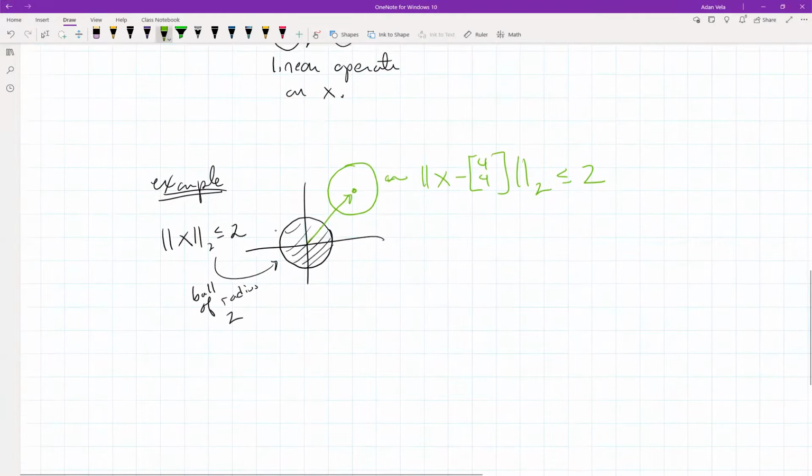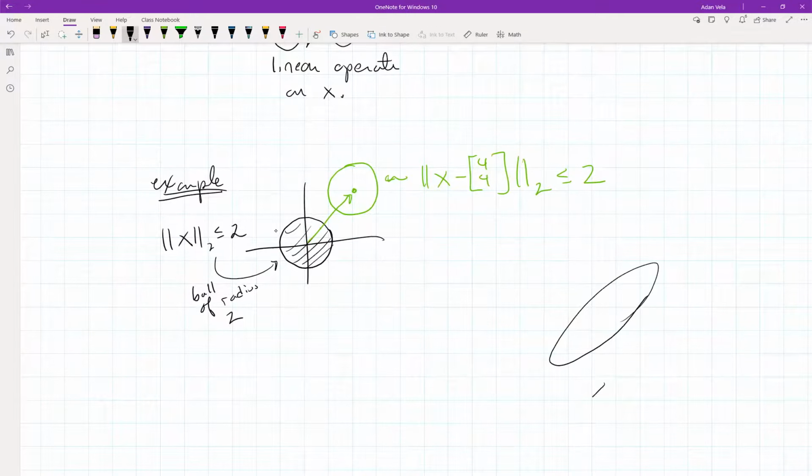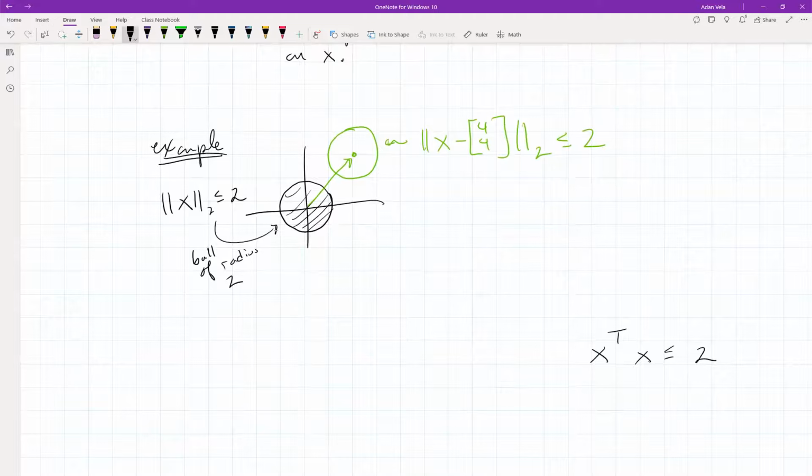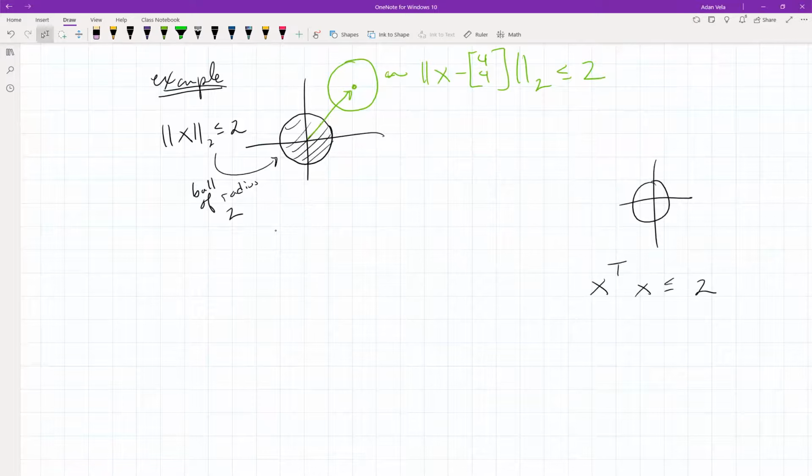And in fact, that's what allows us to make ellipsoids. Okay, so before, we might have had our function as x transpose x is less than 2, right? So that draws a circle. If I were to say now we're going to multiply each x, so we're going to replace x with y, and say y is equal to ax.